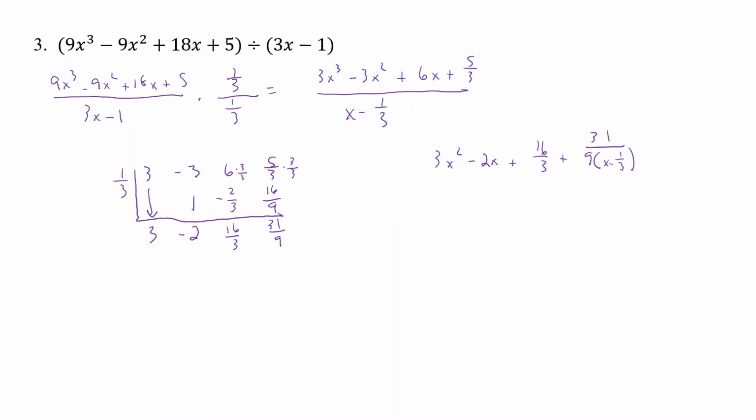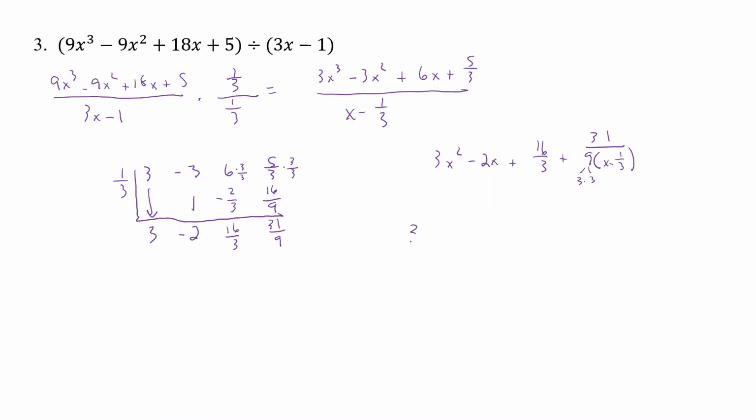Now, if they want us to have our original divisor here instead of this new divisor that we came up with, if they want us to put it back into here, then what we need to do is go ahead and take out and multiply by one of the 3's here, because this is 3 times 3. And if we multiply one of those throughout here, that will get rid of the fraction here, and then it'll make it a 3.